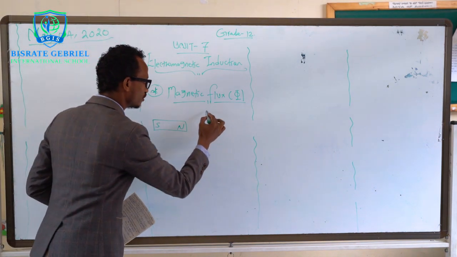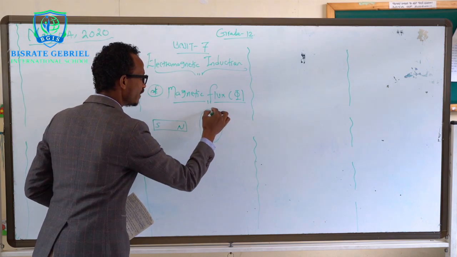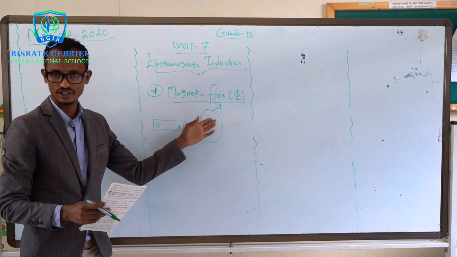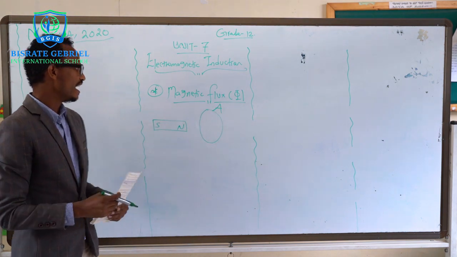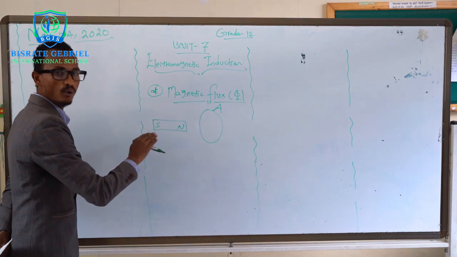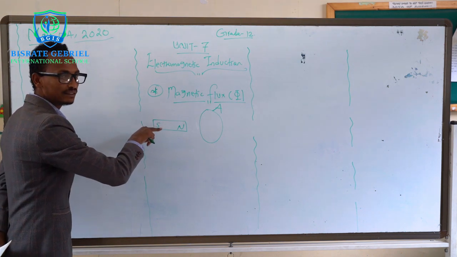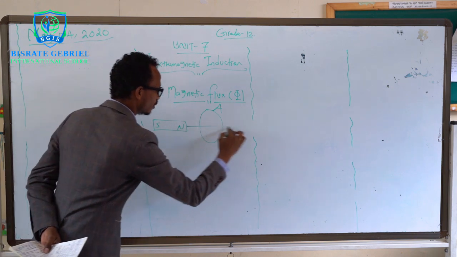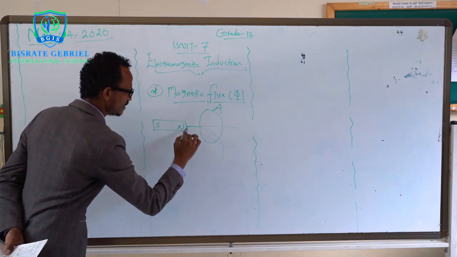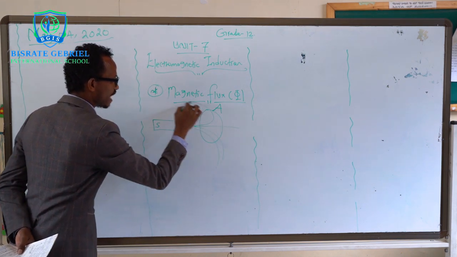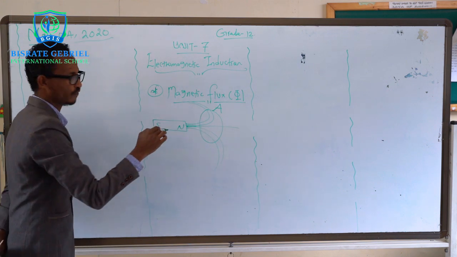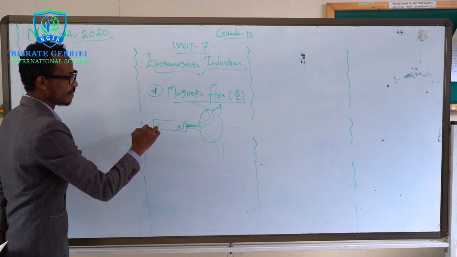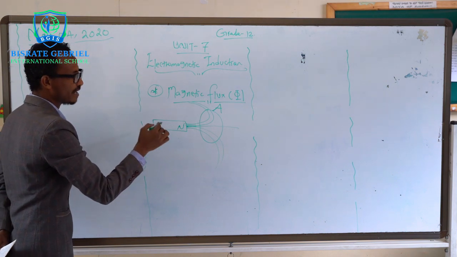So here we have a certain region of area, denoted by capital letter A. When we move the magnet towards the region of area A, as you know from your previous lessons, the magnetic field lines move from the north pole of a magnet to the south pole in the outside part of the magnet.